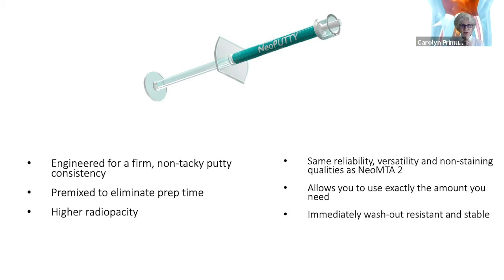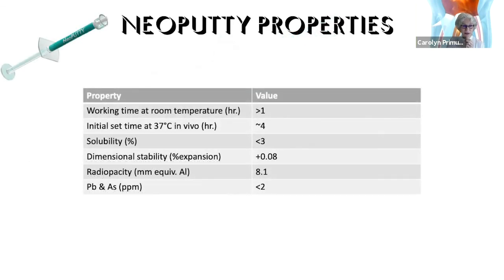You may be asking, what are the properties of Neo Putty? Now, this is important to think about because it's a ceramic powder that is suspended in an organic liquid. So because it doesn't have water and you're not mixing it with water, it has a longer working time at room temperature after you dispense it. But it needs water from the body to set.